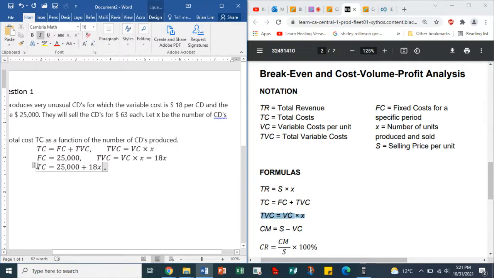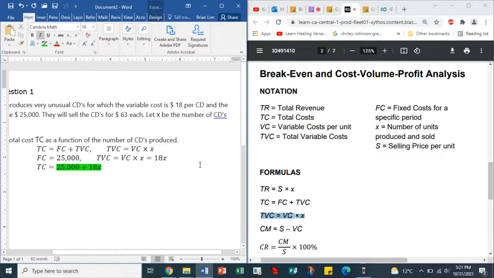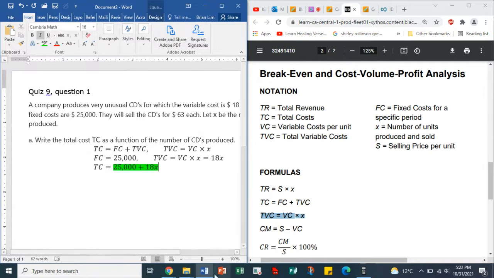That is what the function is equal to, right in here. Let's highlight that. It's an answer, so we'll put it in green. And there we are.